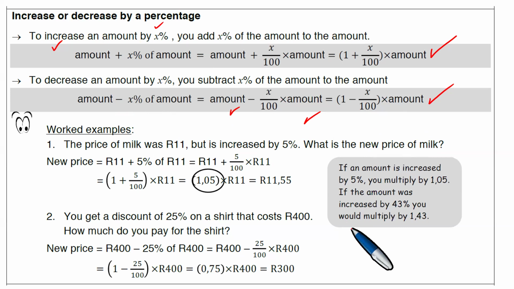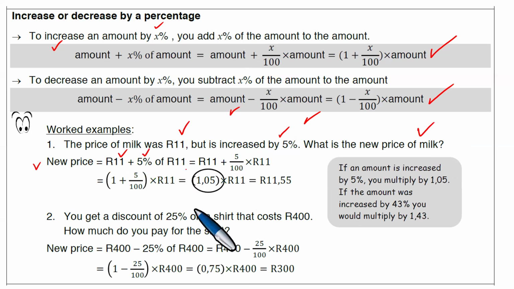We look at the worked examples. The price of milk was 11 rand, but it increased by 5%. What is the new price of milk? To get the new price, it was 11 rand before, and then it increased by 5%.